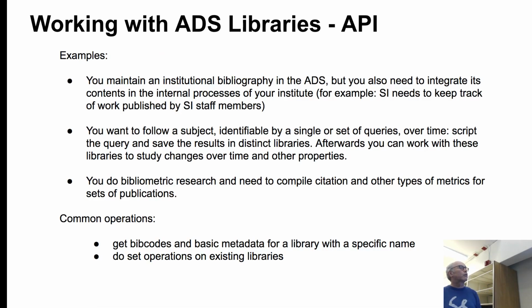So you can also work with the ADS libraries using the API. And there were a number of examples where using the API is much more convenient than using the user interface, especially with big bibliographies.